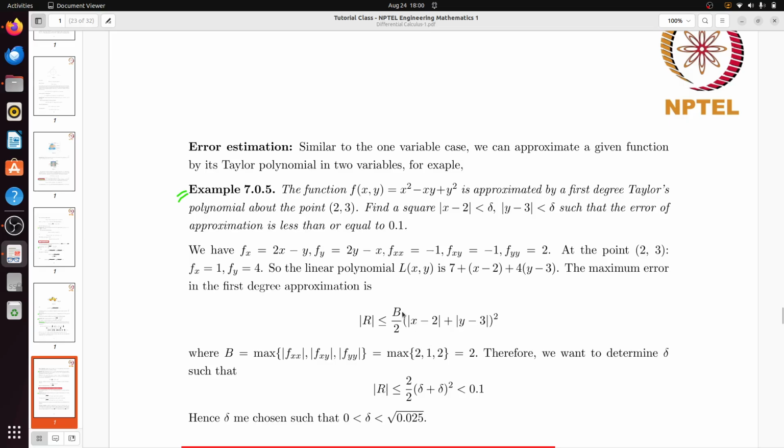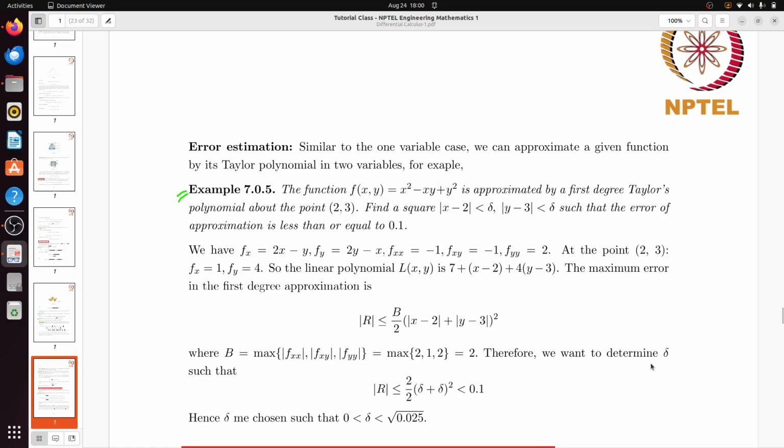What is this M? This M is the maximum of the second order derivatives. The second order derivatives are 2, 1, 2. Sorry, there is one typo: fxx will be 2, not minus 1. So the max of fxx, fxy, fyy will be 2, 1, 2, so that will be 2.